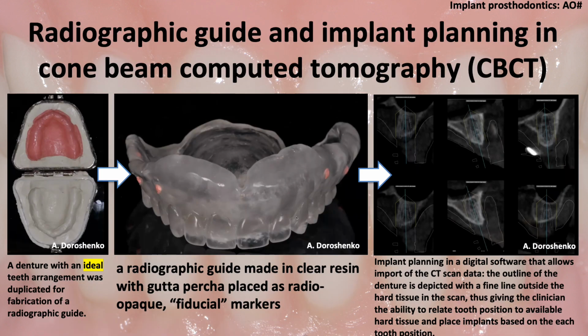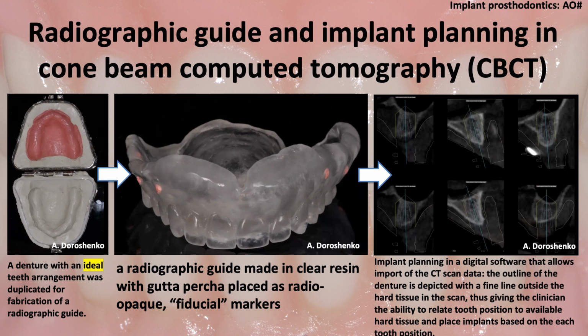Dr. Doroshenko mentioned a few different ways to obtain a CT scan and planning for implants. One of the methods he showed was duplicating a denture using a duplicating flask that you see on the far left side.